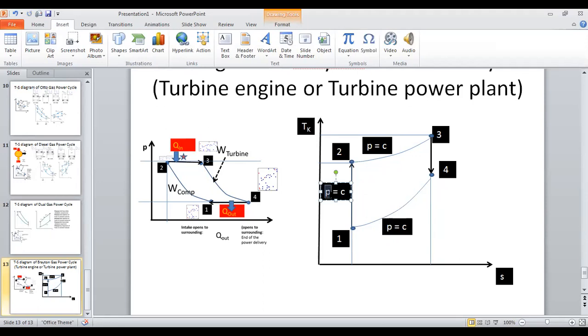Here even S equal to C, constant entropy. Here again S equals to C. Maybe too much, too many boxes.